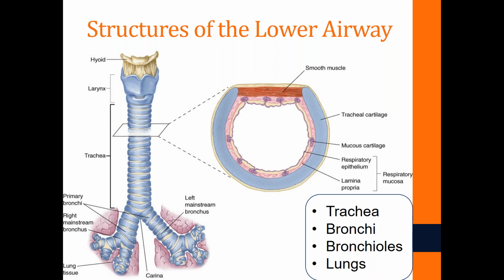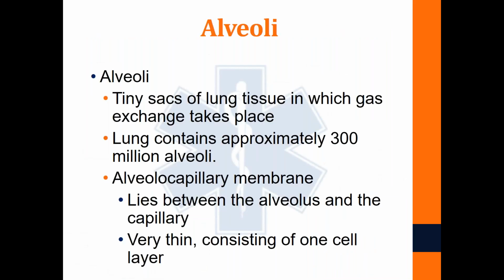As we talk about the alveoli, here's a couple of important and interesting little tidbits. They are numerous. There's about 300 million alveoli in each of your lungs. The alveolar capillary membrane, that membrane that is between the alveoli and the blood coming from the right side of the heart, is only one cell wall thick.